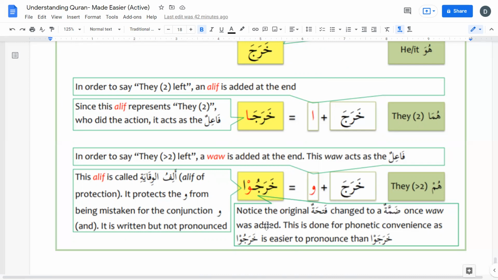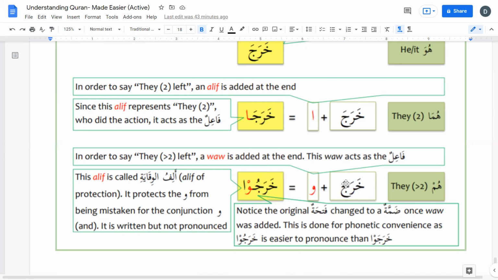So one more thing, in kharaja, the last letter, which is jim, is the lam kalma. On the lam kalma, the last letter, we originally had fatha. But when we bring waw, in accordance with waw we add dhamma.